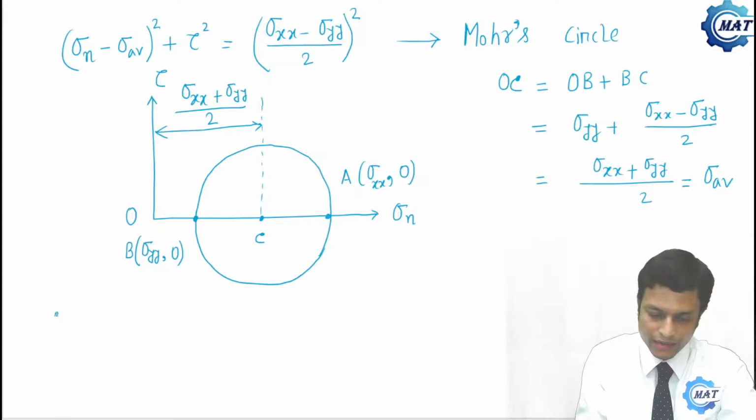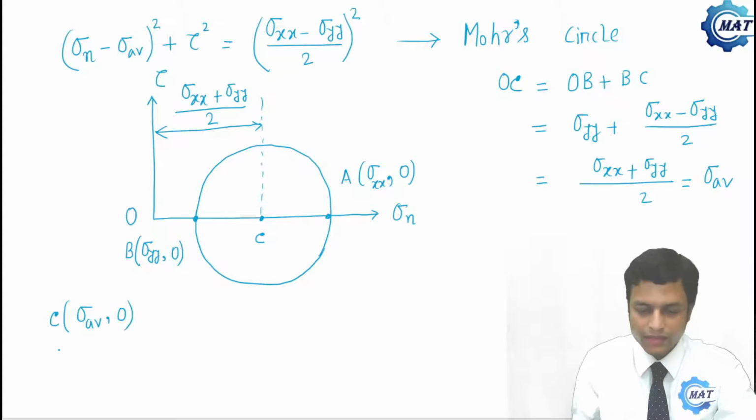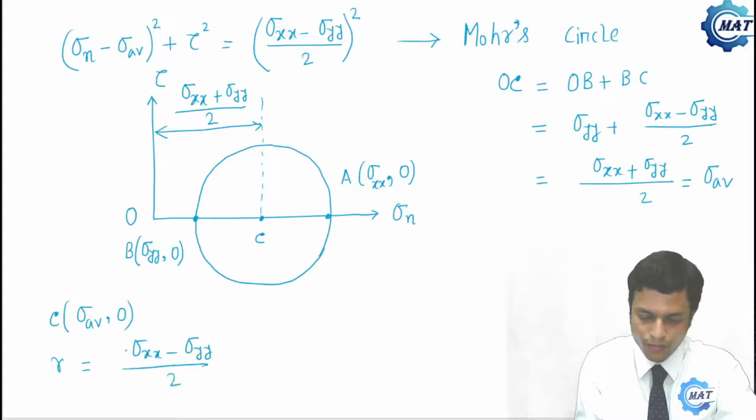So the coordinate of the center is sigma average comma 0. Now what is the radius of the circle? Radius R is sigma XX minus sigma YY by 2.